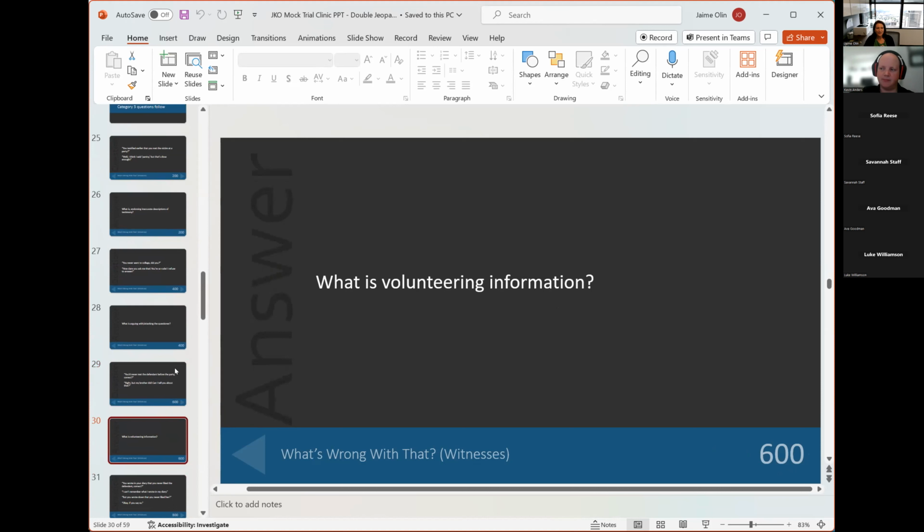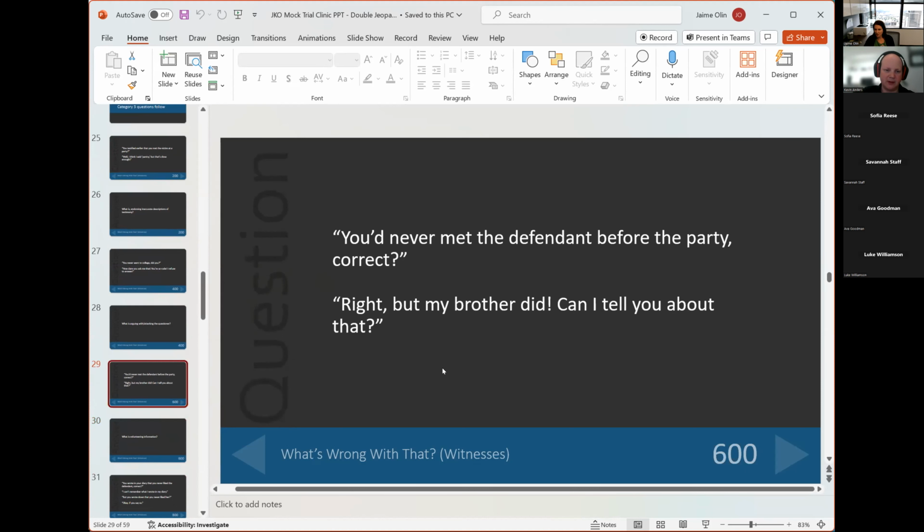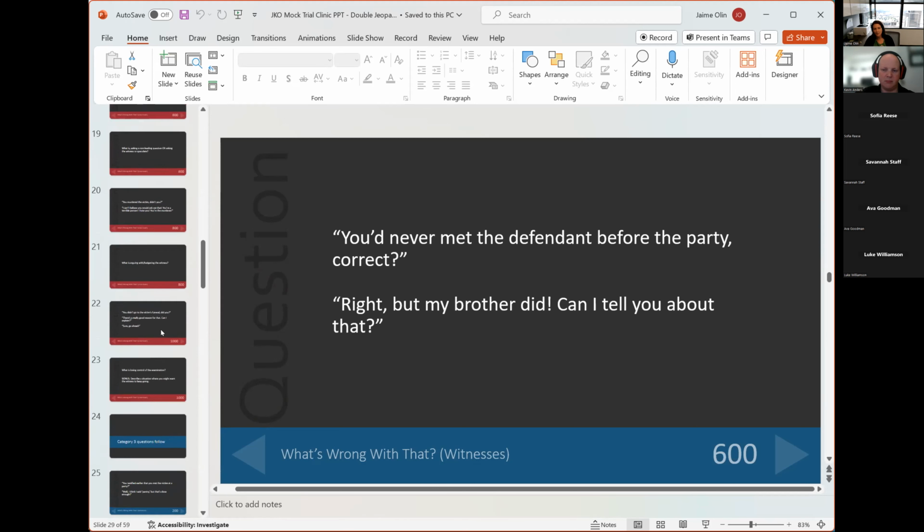The witness doesn't have to talk about what their brother was up to. All they have to do is answer the question. So there could be a reason that the witness wants to do this. It could be that the witness hates their brother and they want to get them into trouble. But it's not answering the question. All they had to do was say correct or right. Now they're just volunteering information. And so that's not going to be a great way to get the witness to be able to make their case.